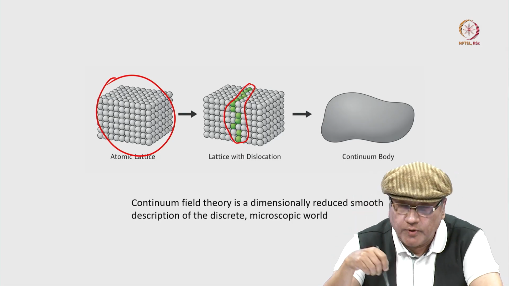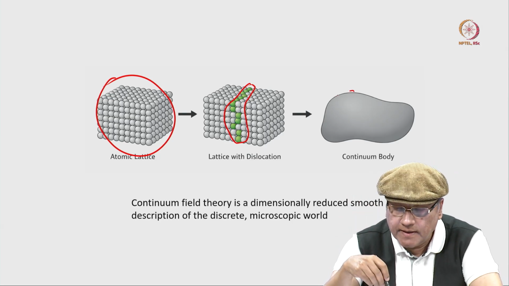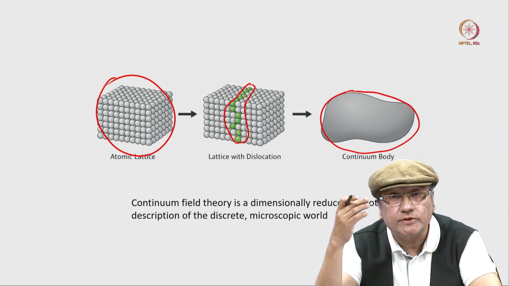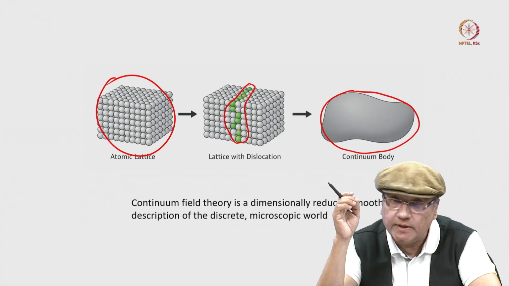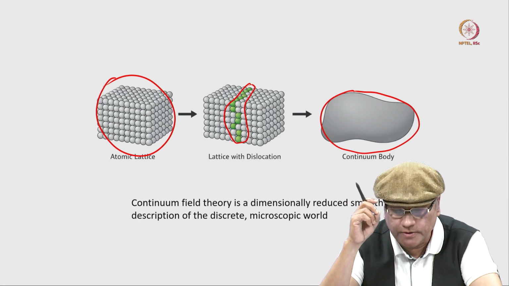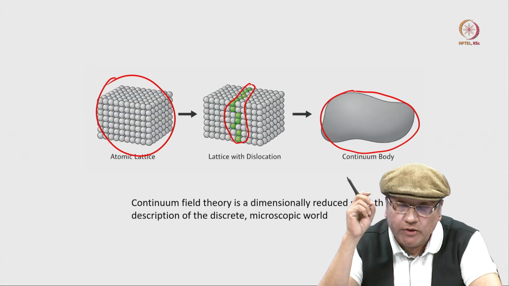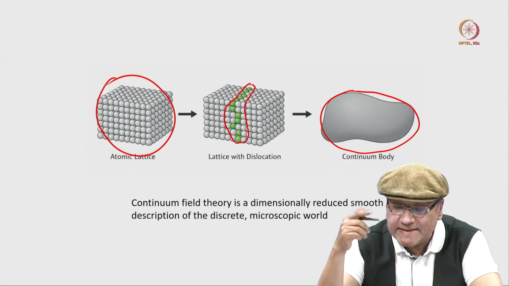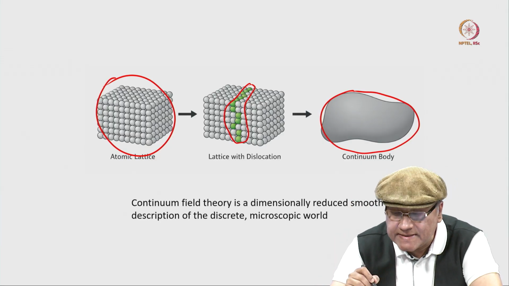So the continuum body on the right gives a macroscopically averaged description of this kind of microscopic motion using functions which are perfectly smooth and using sets. All you see here is a set, right?